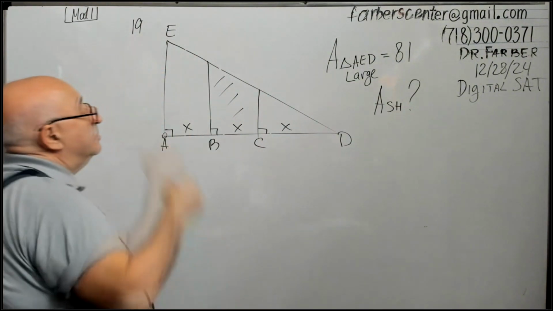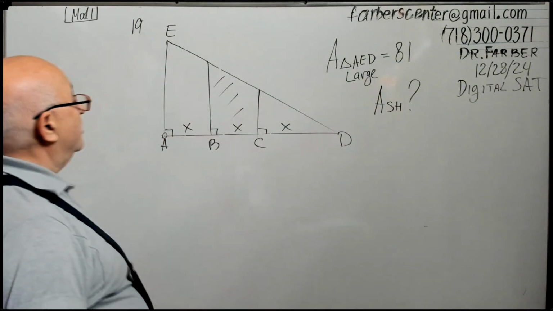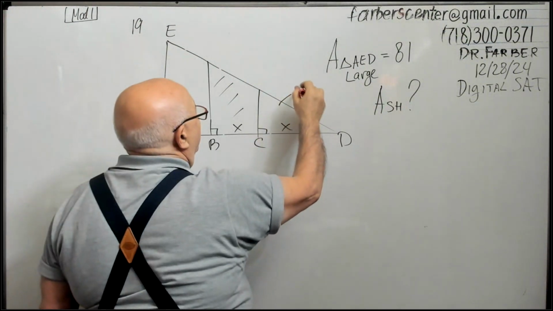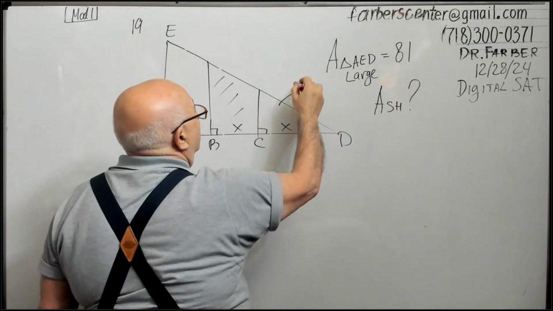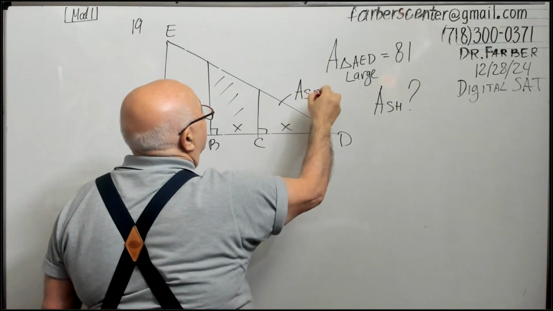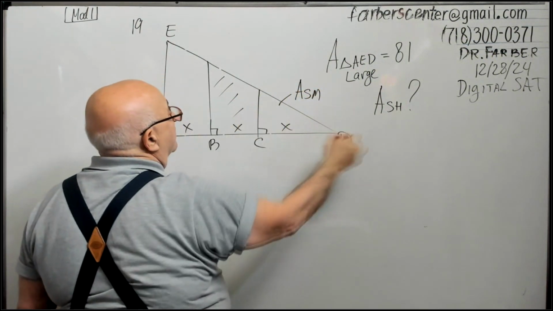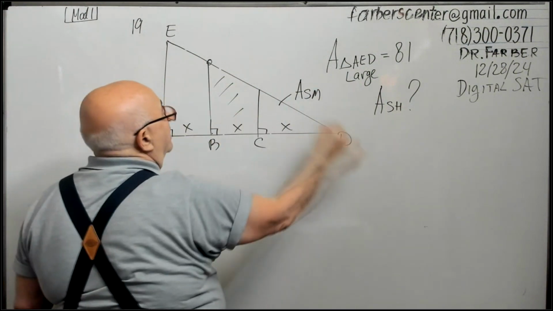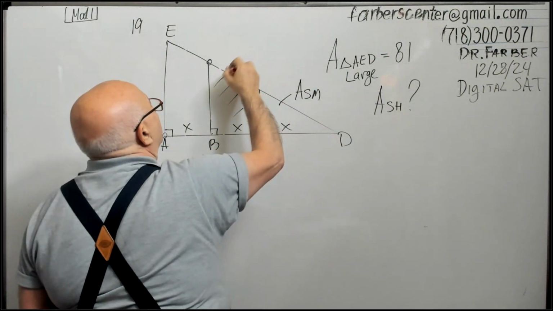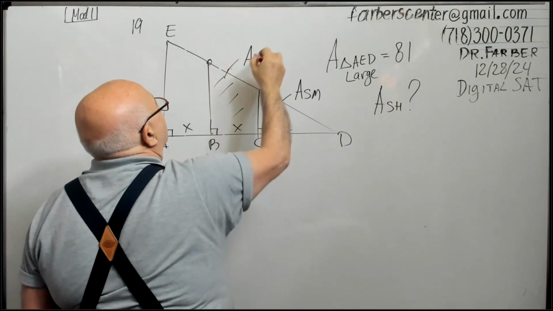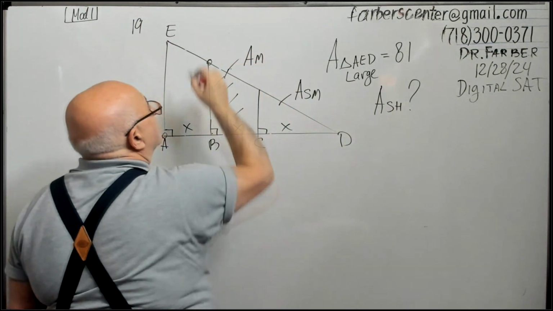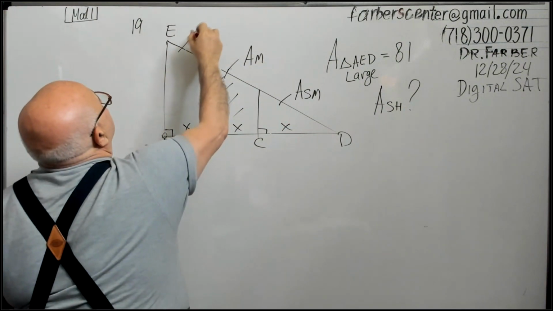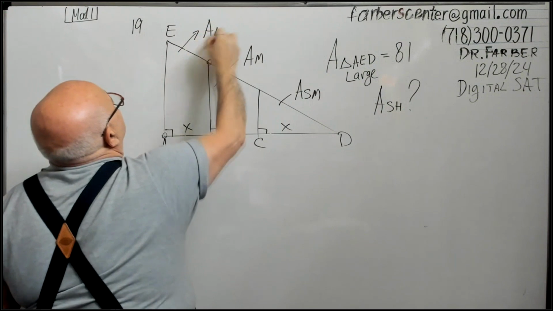So, how to get the area shaded? Let me name it. Area small, this triangle, for simplicity. This triangle is area medium. I'm talking about this one. And this is area large, the entire triangle.